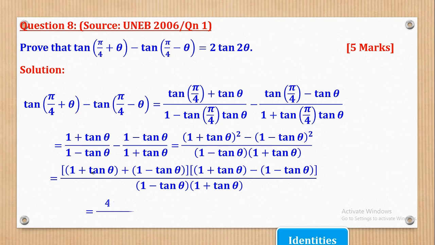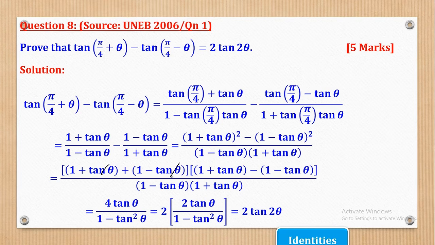Then when I simplify this difference of 2 squares, here this and this cancel, you remain with 2, here remain with 2, but when you come here you realize that this one cancels, but this minus negative this was 2 tan theta. So what we have got is 2 tan theta, and also we have got 2 here.